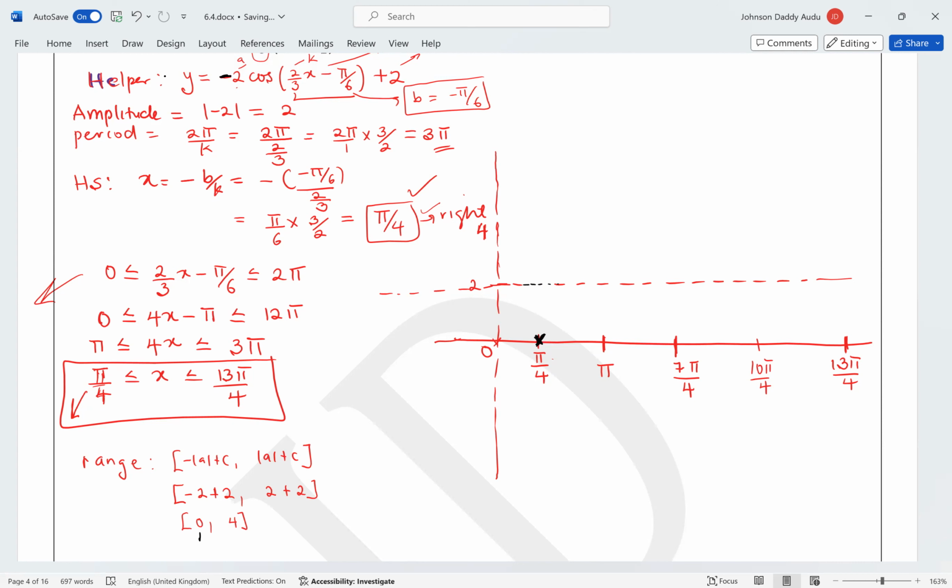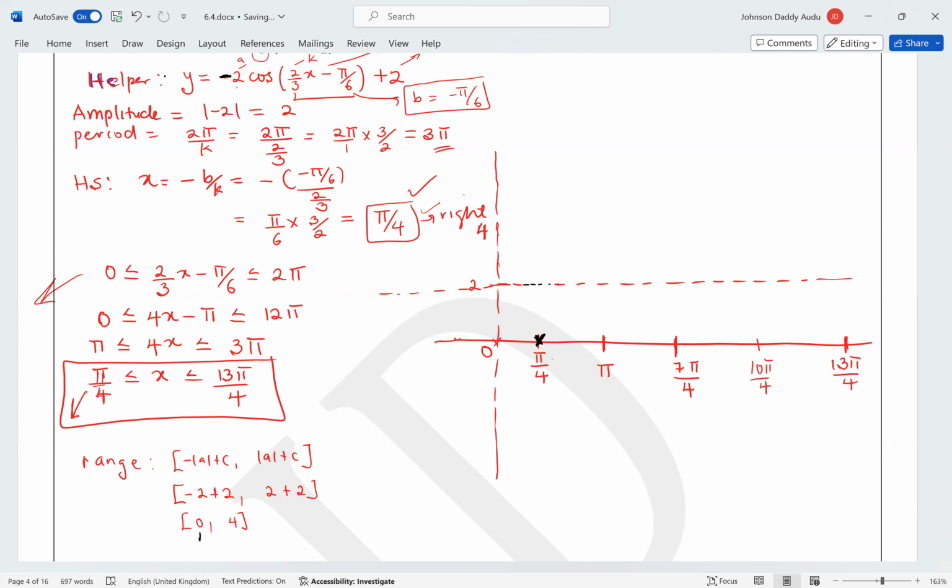Then when we're at the minimum, the next thing we should have is we go to the baseline. Yes, we have to go to the baseline, because remember we're supposed to start from the maximum, then we go back to the baseline, then to the minimum. That is how the graph of cosine works.